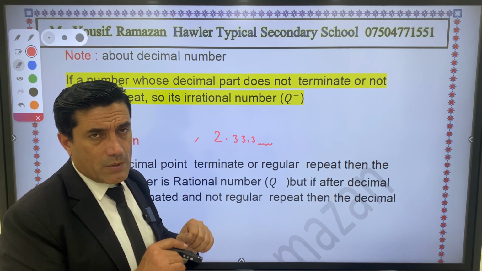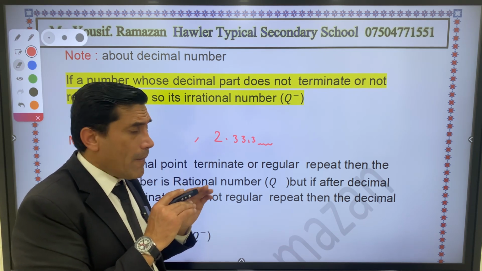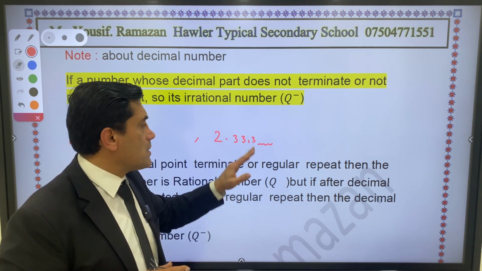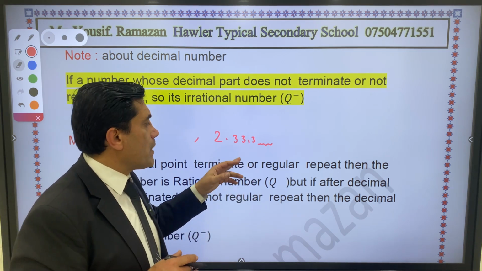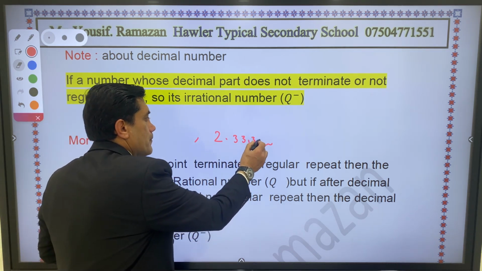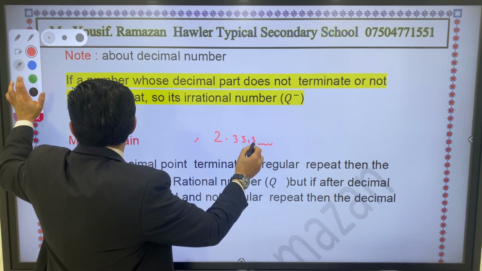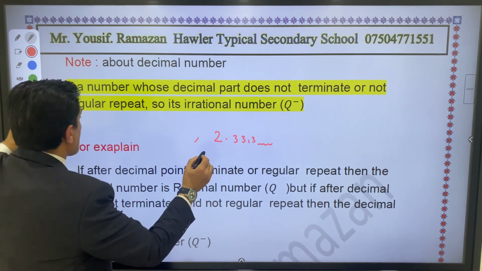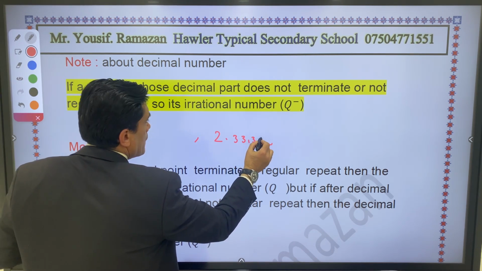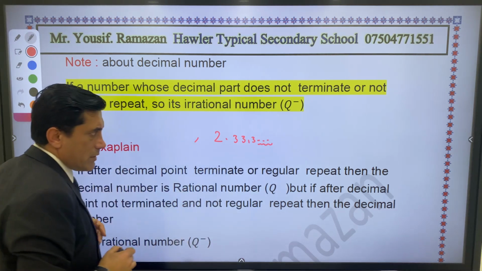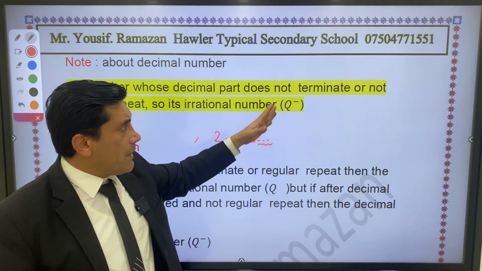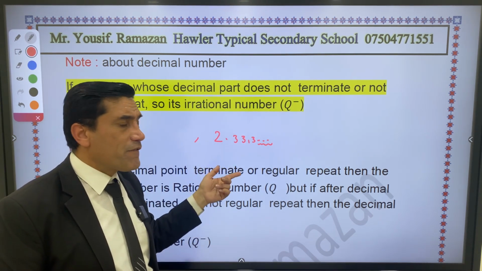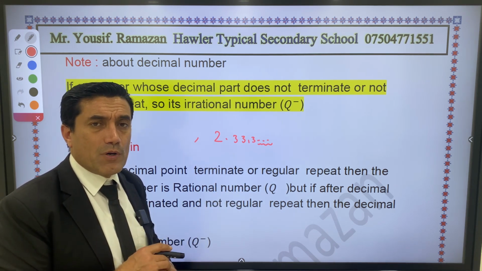That means when you have no 3 points, it is terminated, but when you have 3 points like this, it is not terminated. It is clear when you know about terminate or not terminate. Three points, not terminated. No three points, terminated.